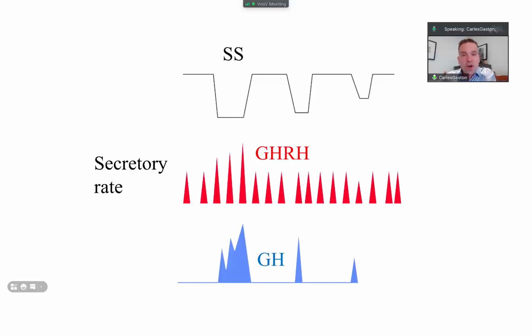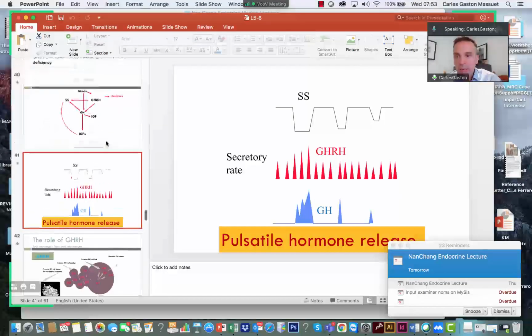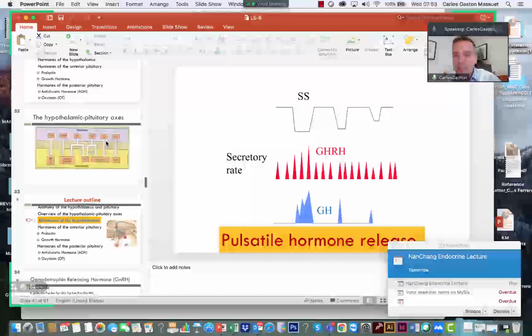So the secretion of growth hormone has a pulse during the day and is under the control of somatostatin. We can see here, if we go into the other slide, let me put back the other slide. This is your summary slide.